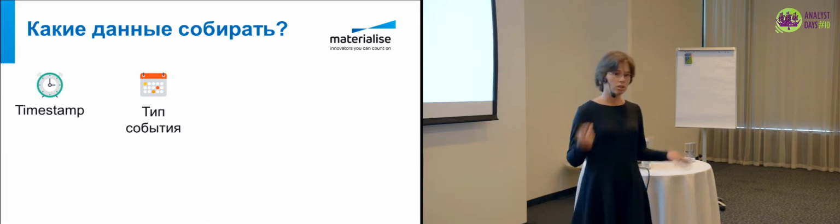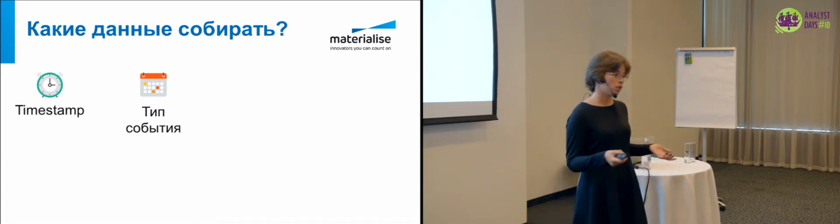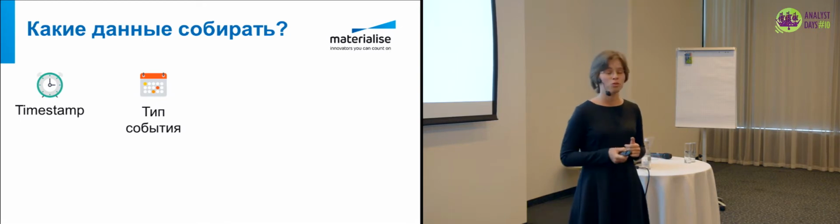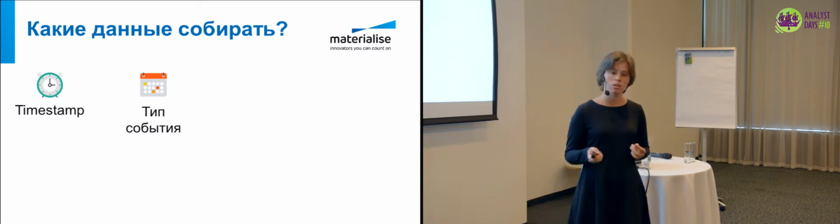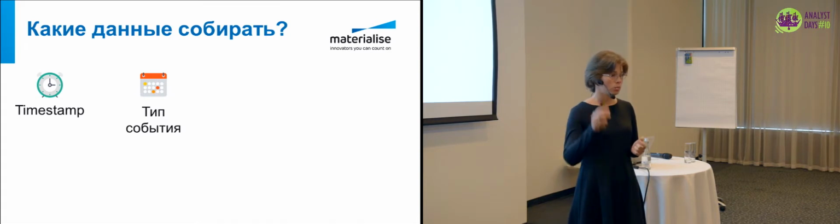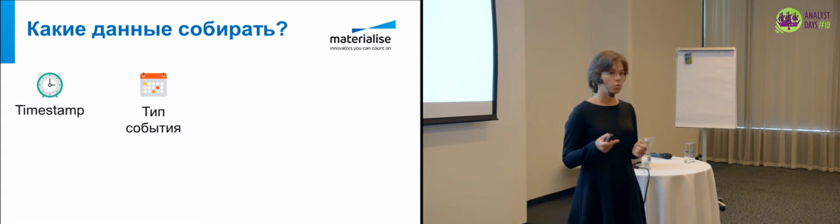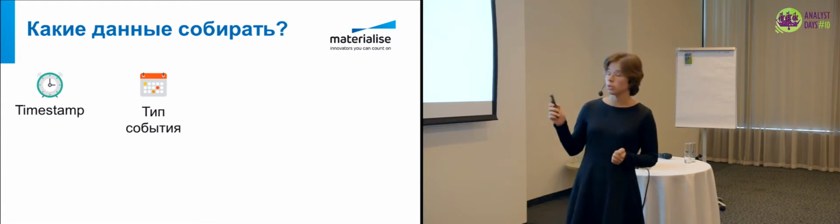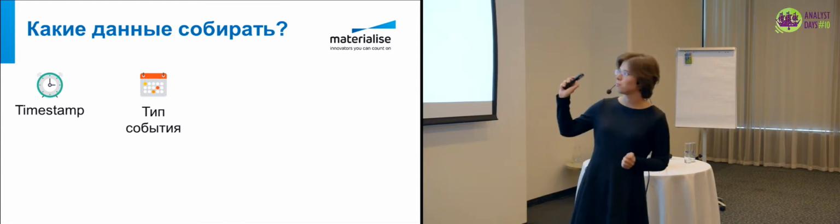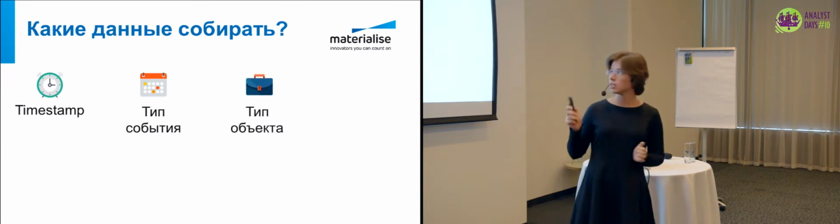That was the first thing. Then the type of the event. There are different types, like placing an order, for example. One of the first events in our system was order placement, also using some menu items. So there are a lot of different types of events. I will tell you more about it later.